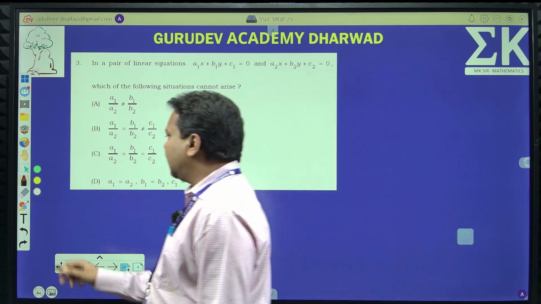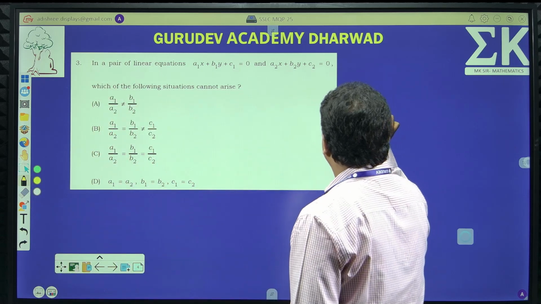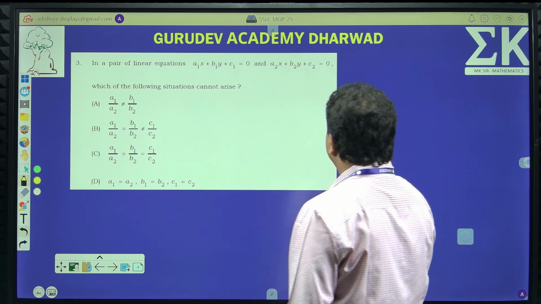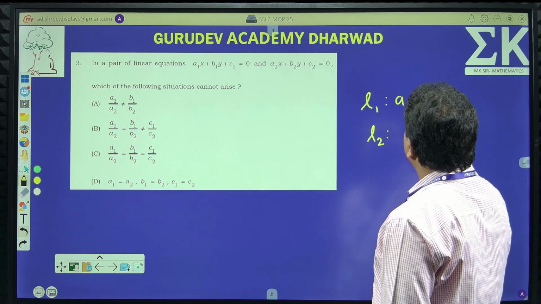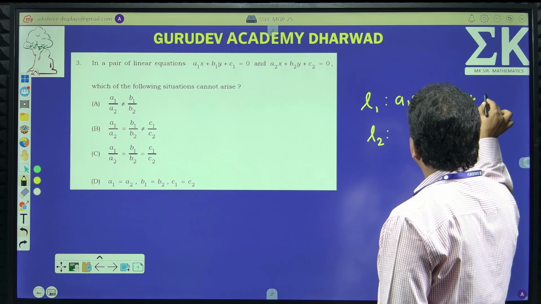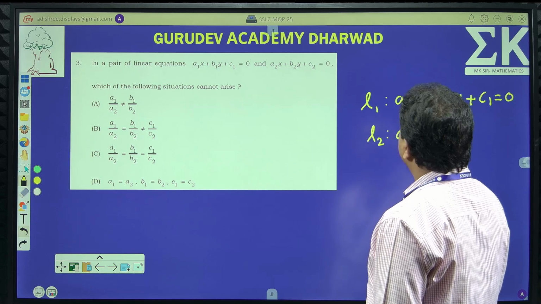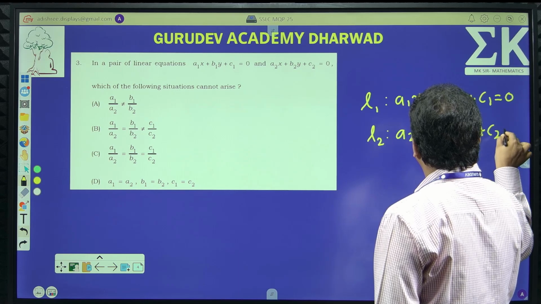So when we understand the pair of linear equations, line 1 is defined, line 2 is also defined, that is a1x plus b1y plus c1 is equal to 0, a2x plus b2y plus c2 is equal to 0.